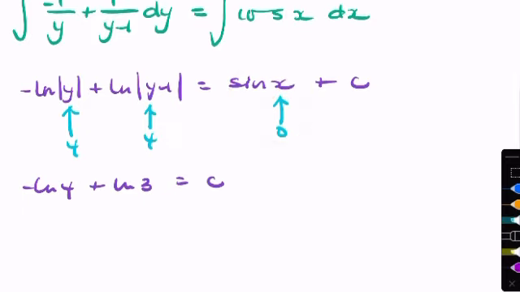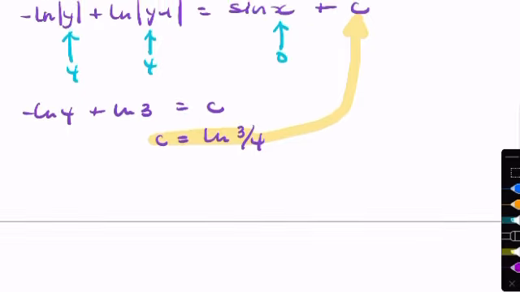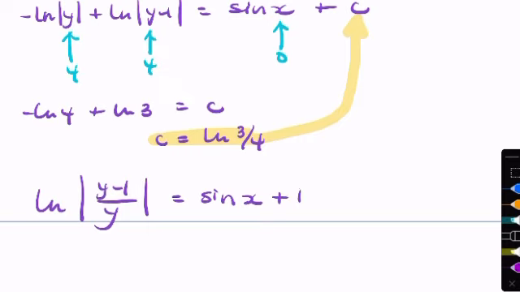So c is equal to log 3 over 4, because when you subtract logs, you divide. Okay, so now we know the constant. This constant goes there, and our particular solution now looks like this: log of y minus 1 over y equals sine x plus log 3 over 4.